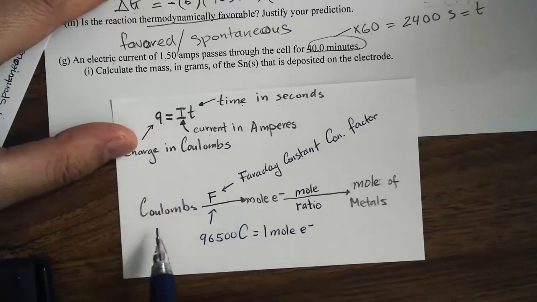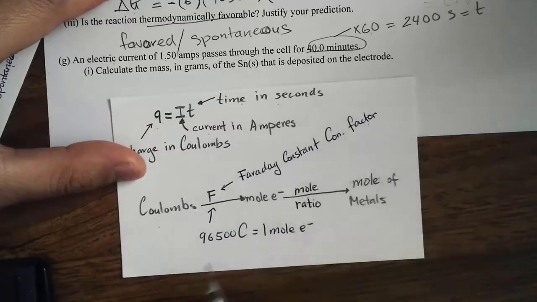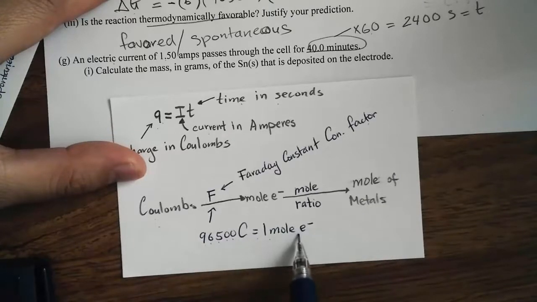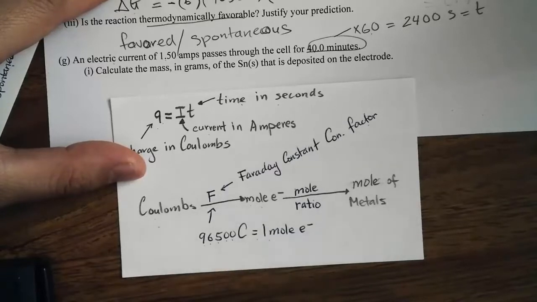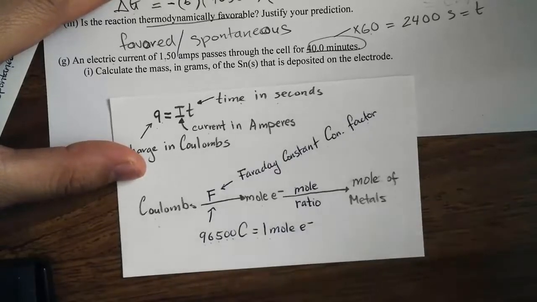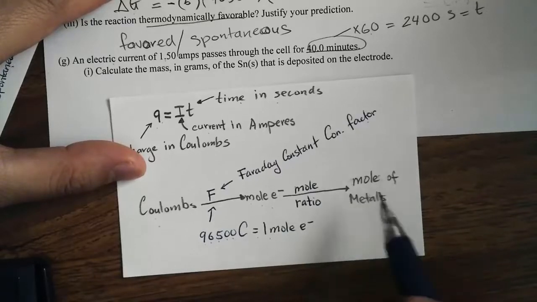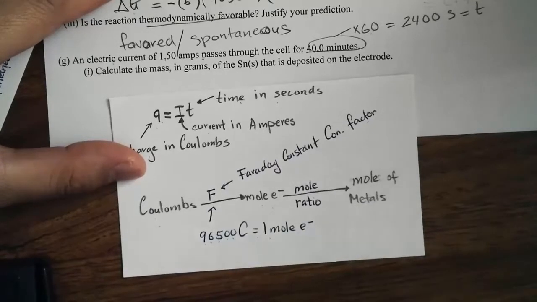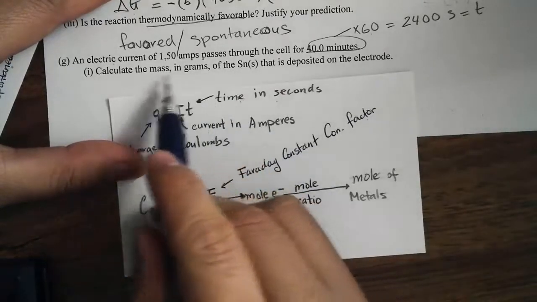Once you have coulomb, you can use the Faraday constant conversion factor, which is 96,500 coulomb equal to 1 mole of electrons, to solve for the number of moles of electrons. And once you get the moles of electrons, guess what you can do? You can now solve for the moles of metal. And once you get the moles of metal, you can solve for anything about that metal, which in this case is the mass of the metal.